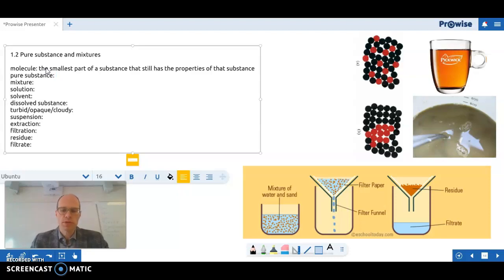And what is a pure substance? A pure substance in science is a substance that only consists of one type of molecules. So it's the same everywhere, the same molecule everywhere.